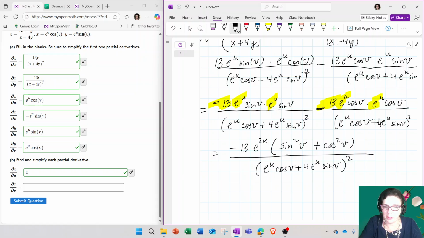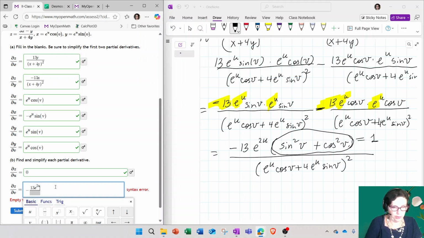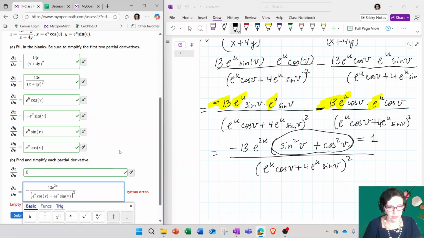Everybody knows that sine squared v plus cosine squared v is your first trigonometric identity. This is actually 1. So this is my final answer, and hopefully it is also correct. I guess we're going to see in a second. And then that whole thing is squared.